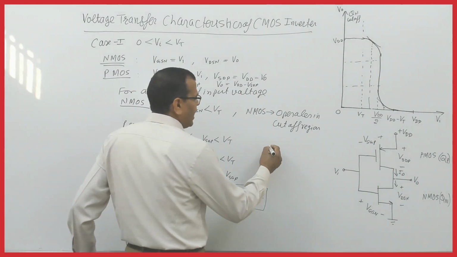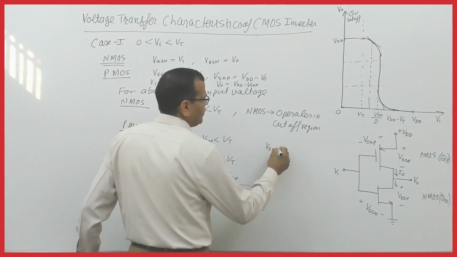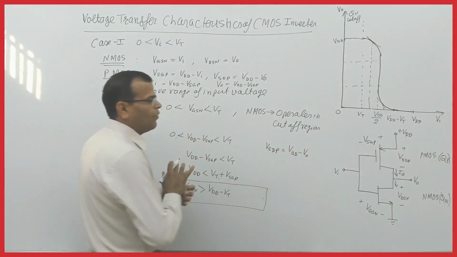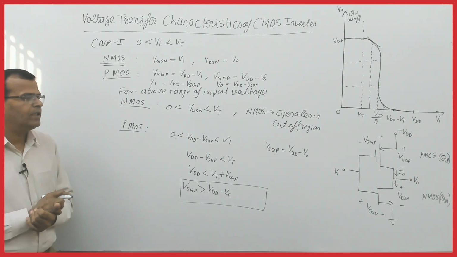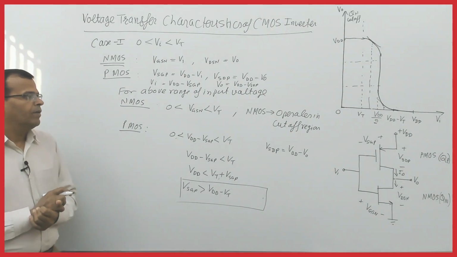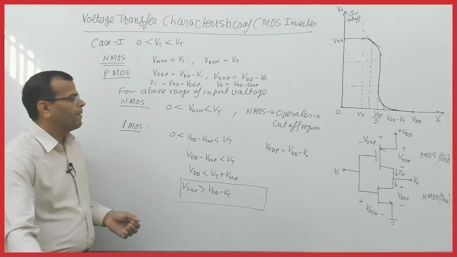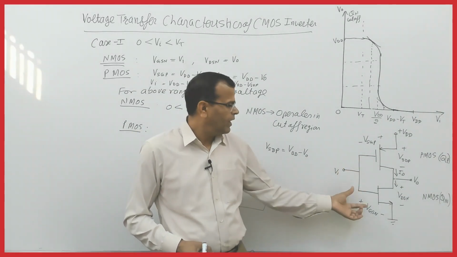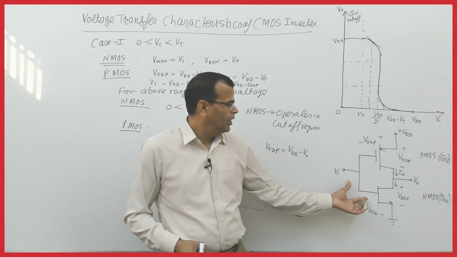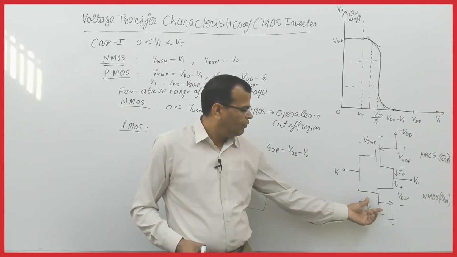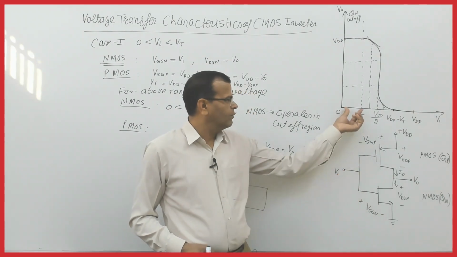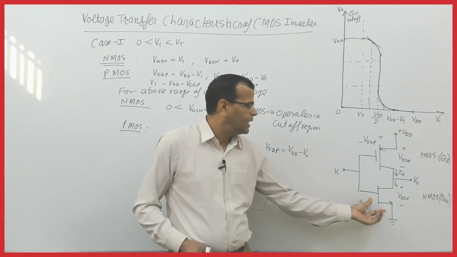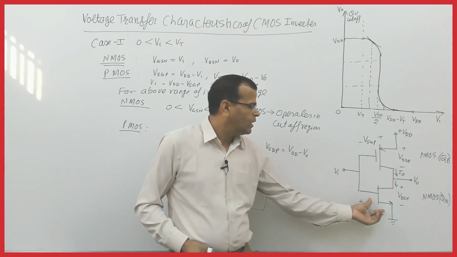So now let us see the voltage VSDP for this range of input voltage. VSDP is equal to VDD minus V0. So here, when it is on, initially when this voltage VGSP is less than threshold voltage, with Vi between 0 and Vt, this is definitely operating in the cutoff region.